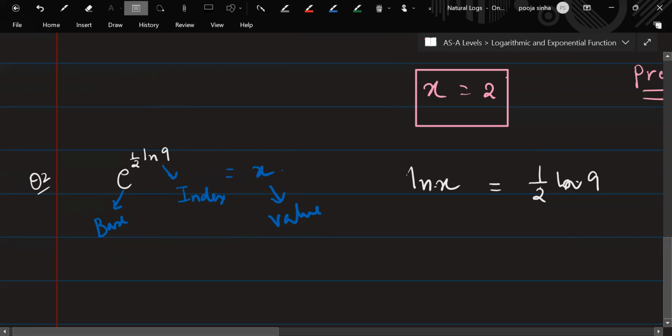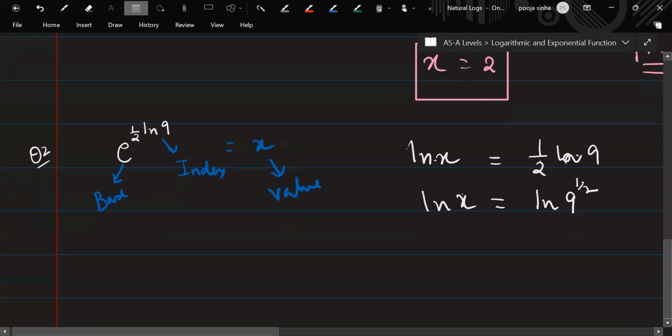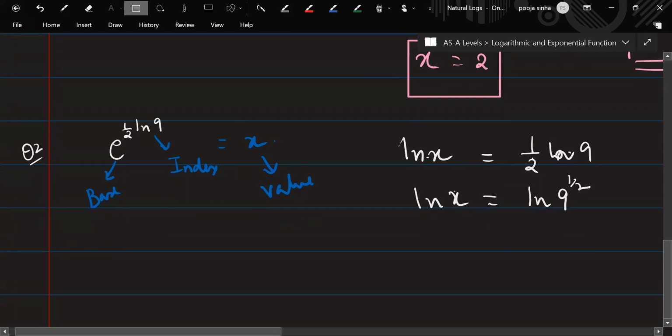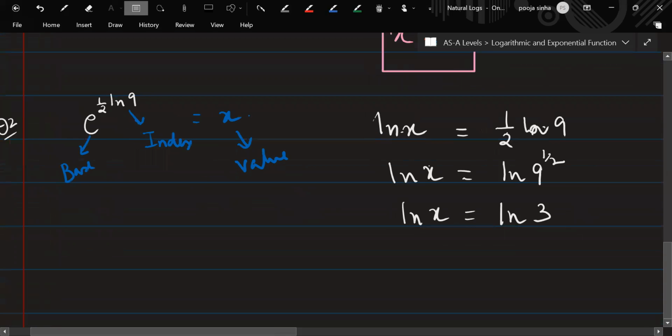So can we take ln to that side in the denominator? No, not yet. I'm just going to do one more change. Can I write 1/2 of ln 9 as ln 3? So ln x is equal to ln 3.